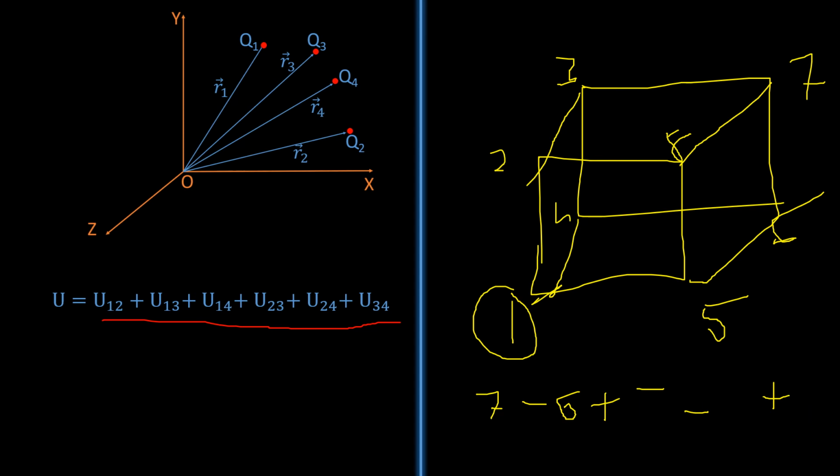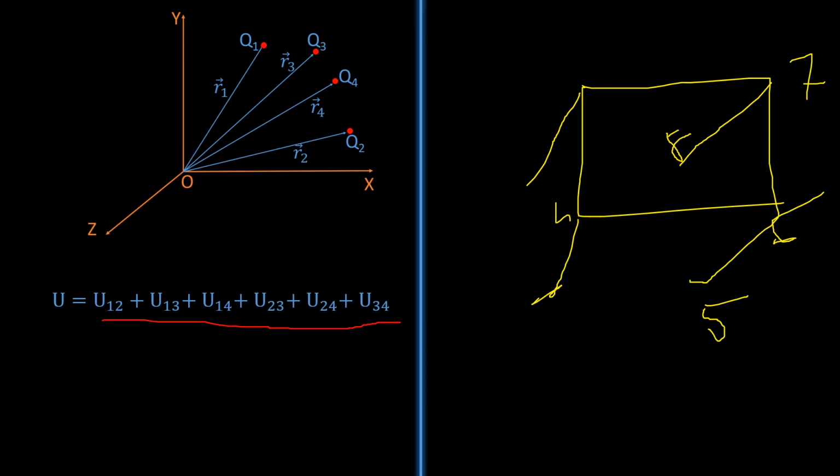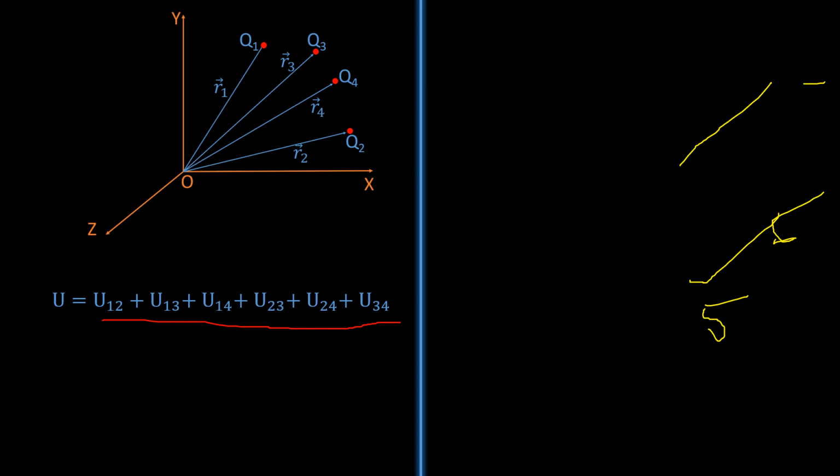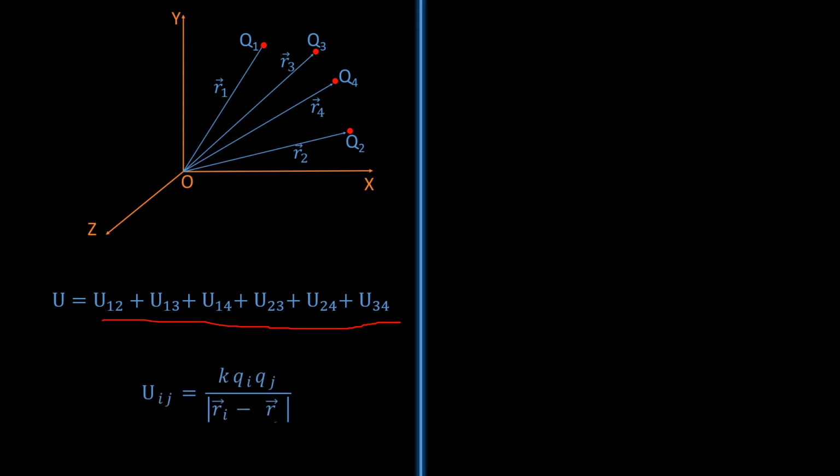For now, we'll continue with our consideration of the system of 4 charges. So if I have 4 charges, as explained, you have 6 possible pairs, and for these 6 pairs we can always find the potential energy with our standard formula K q1 q2 by r, in general K qi qj by mod of ri minus rj. So the potential energy due to the first pair, u12, is K q1 q2 by mod of r1 minus r2.